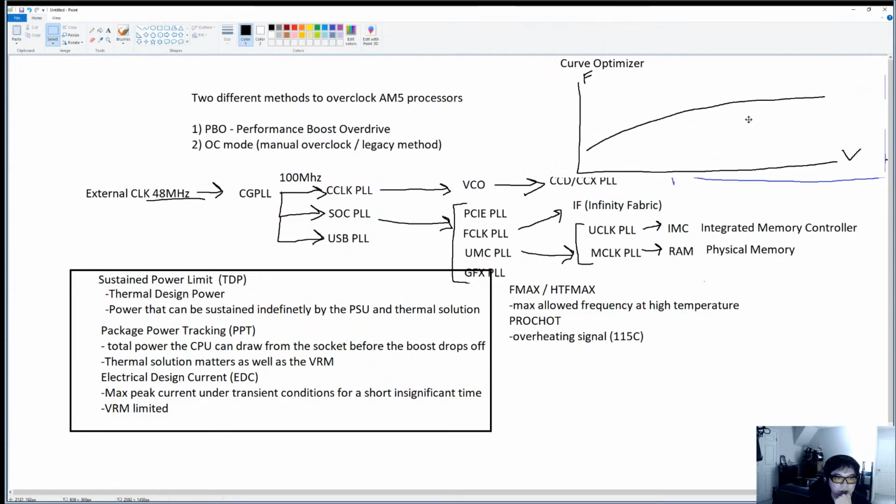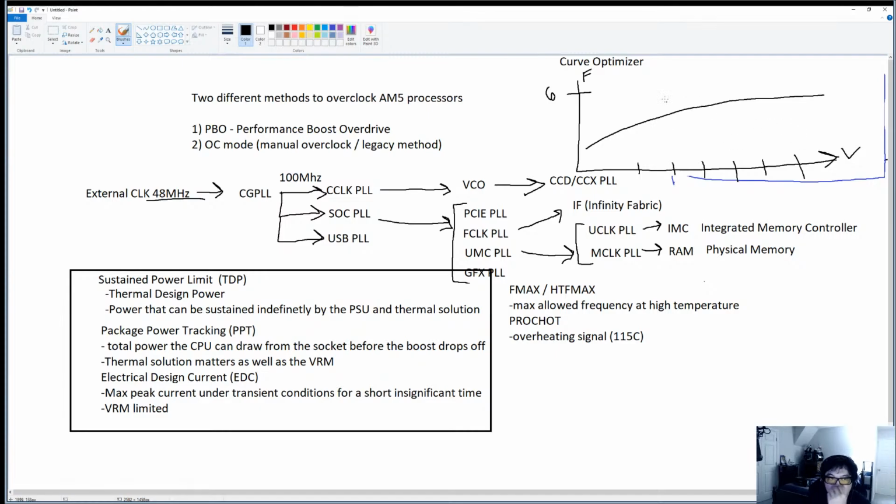So for any given frequency, if I label up here 6 gigahertz, then for any given voltage on this voltage curve, as voltage increases going to the right, you can get higher frequencies.